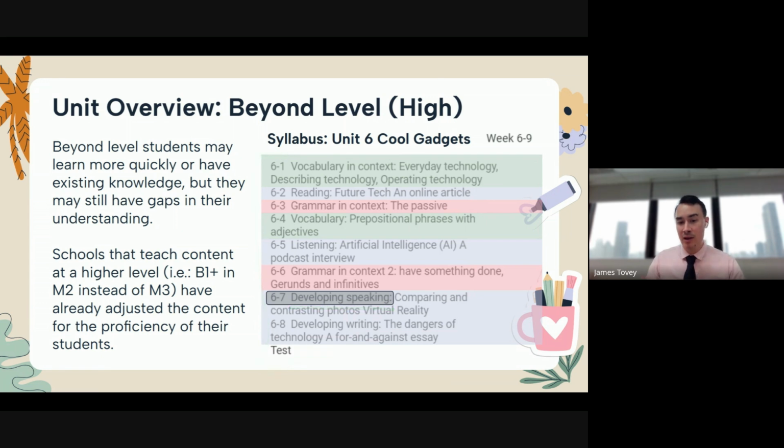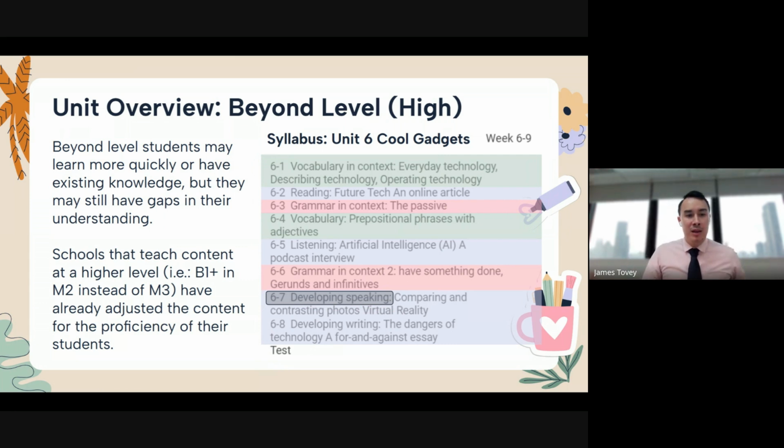That way you get to put more into it than you would for an on-level group of students, if that makes sense. So push them to develop their speaking, if that's something the school wants, and there are a few schools like that.